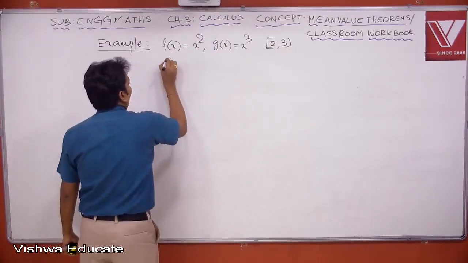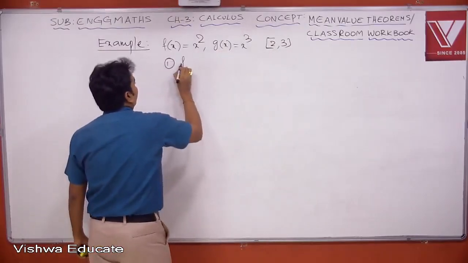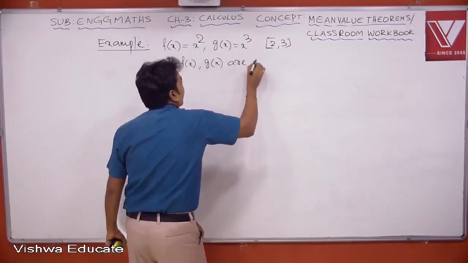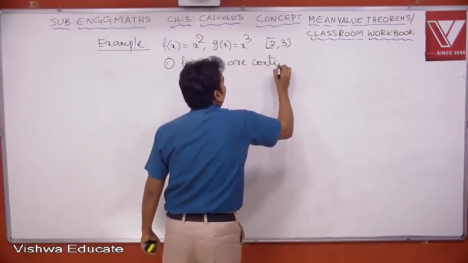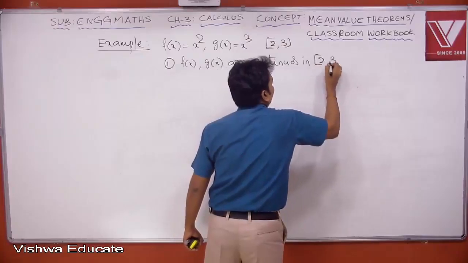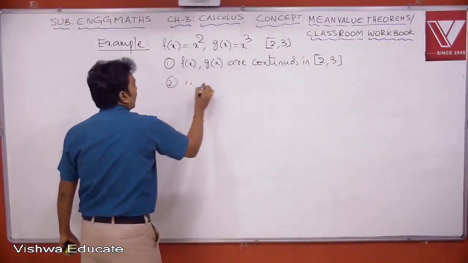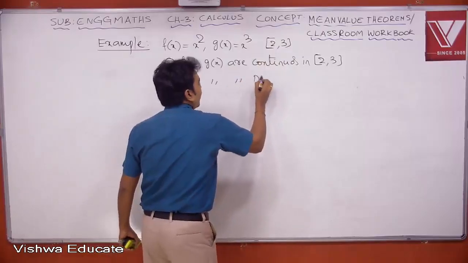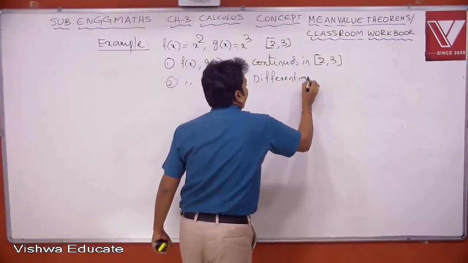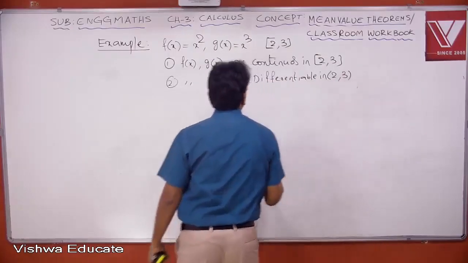Both are polynomial expressions, so both are continuous in closed interval 2 comma 3, and both are differentiable in open interval 2 comma 3.